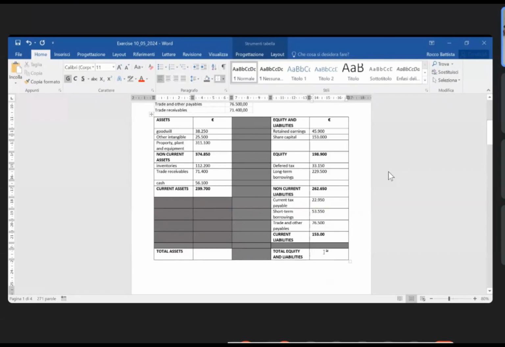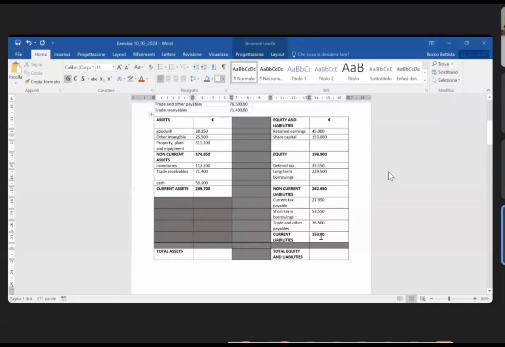If not, some item is in the wrong place for sure, or one of the amounts of our items is not correct. So let's do the sum of total asset, that is the subtotal of non-current asset plus current asset.